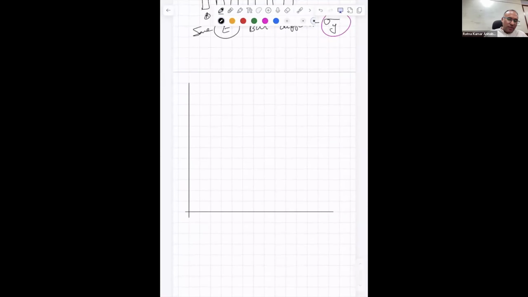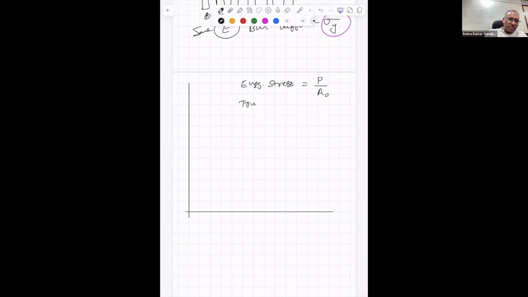Now, we said engineering stress is equal to force, the load, divided by the original cross-sectional area, right?